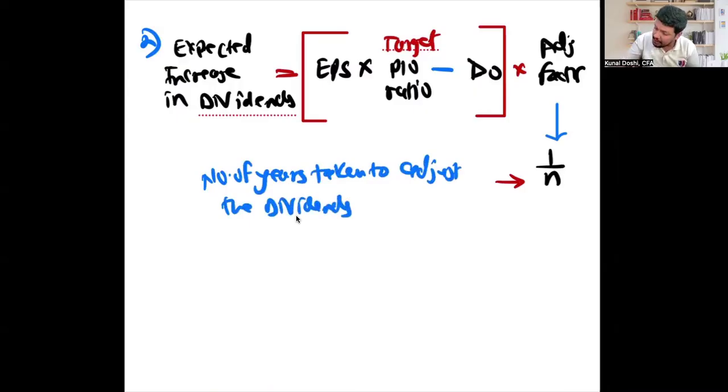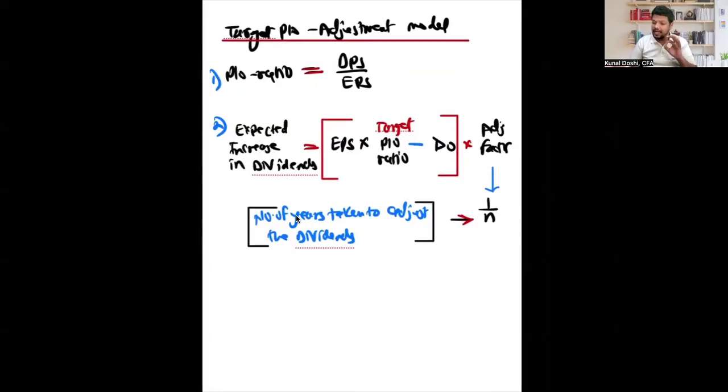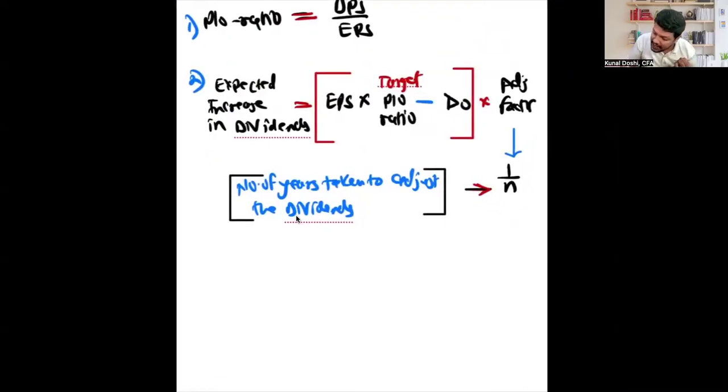So this difference needs to be sorted out in how many years. That is going to be my N, which they will provide you. Correct? That will be my expected increase in the dividend from the last year.